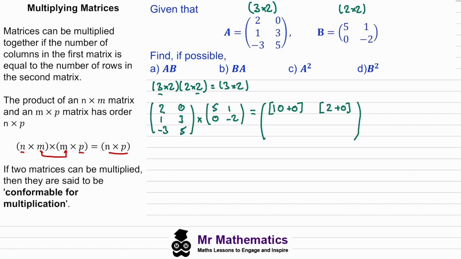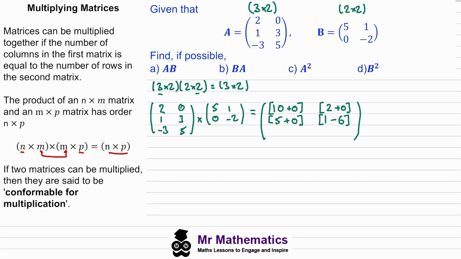And then the second row times the first column. So 1 times 5. And then the 3 times the 0. The second row times the second column. So 1 times 1. And 3 times negative 2. And then the third row times the first column.